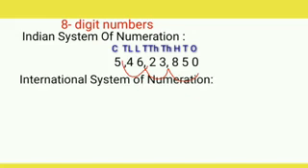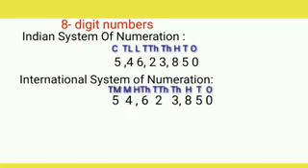And according to the international system of numeration, the first comma will be inserted after 3 digits from the right, that is 8.